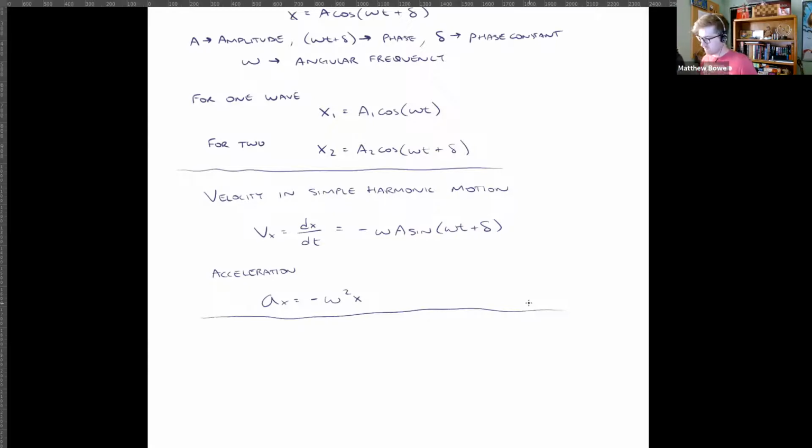From here, we can find a variety of other things. I'm not going to be deriving all of this. It's simply too much to go step by step all the way through.